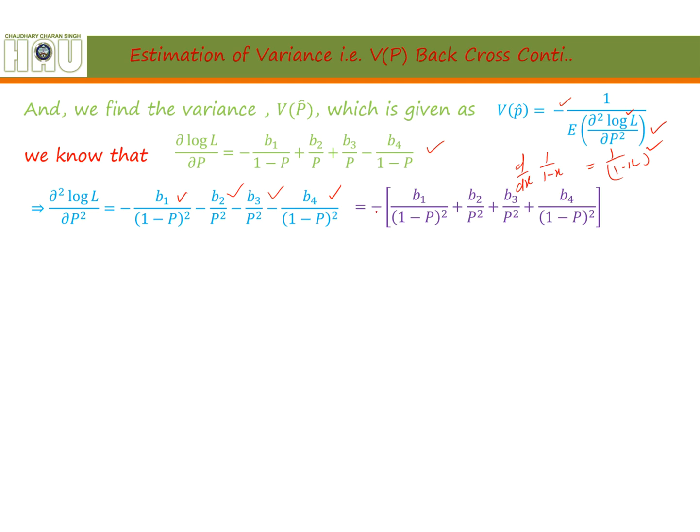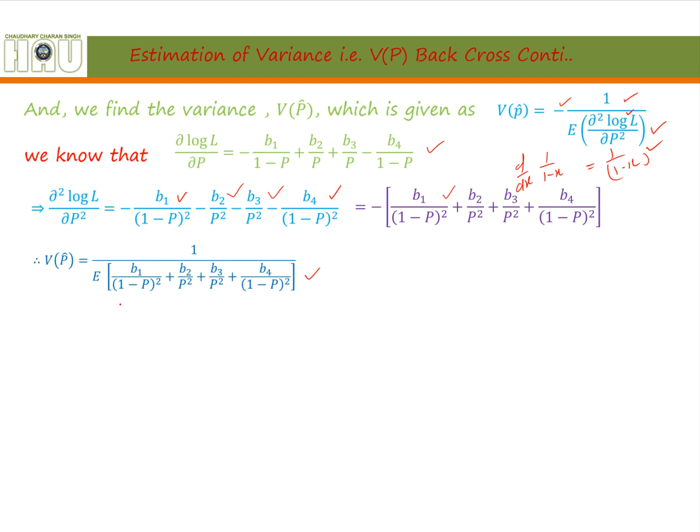If I take a minus common, then all the terms become positive. And now I substitute this value in this expression. So the variance of P is, since minus is there, minus cancels with minus, 1 upon the expected value of this thing.